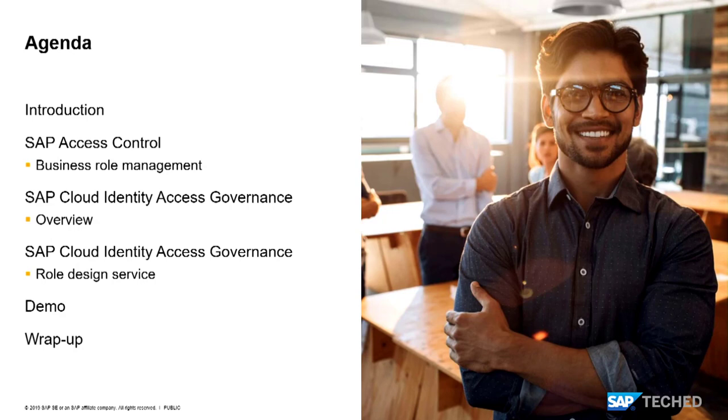I will take Access Control as an example to introduce some key concepts and functionalities that we have in this overall space of access governance, and then move on to my product, the Identity Access Governance solution, which is the cloud-based solution for access governance, access control that we've built on SAP Cloud Platform, and which can also be used to extend access control towards cloud-based business applications.